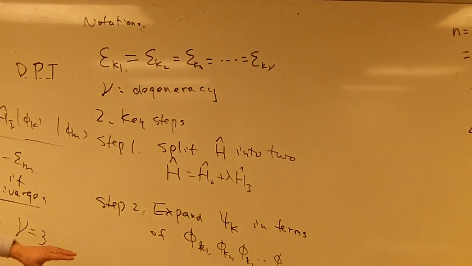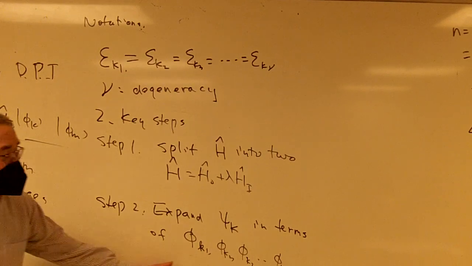By the way, this is exactly the same thing we've done here. Did you see we expand the wave function in terms of m? Exactly the same. But here we also expand the same way.